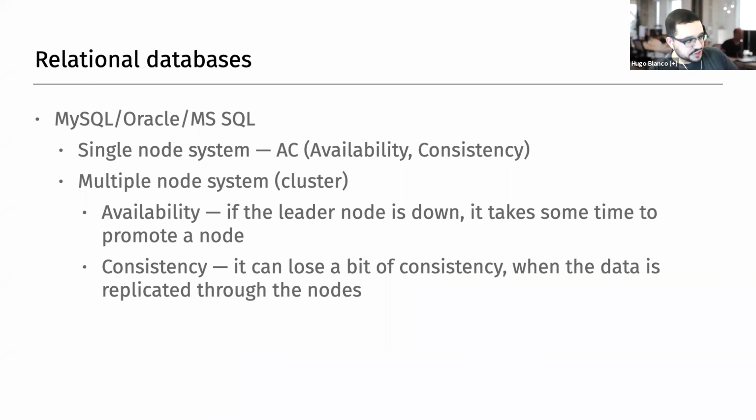But what about relational databases? So there's an option to use some of those relational databases as a single node. So we have availability and consistency, as I said before. And some of those can have clusters, and some engines can sacrifice availability, having eventual consistency.